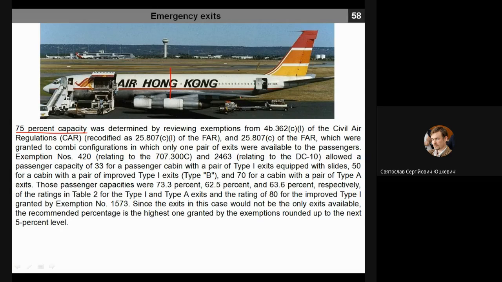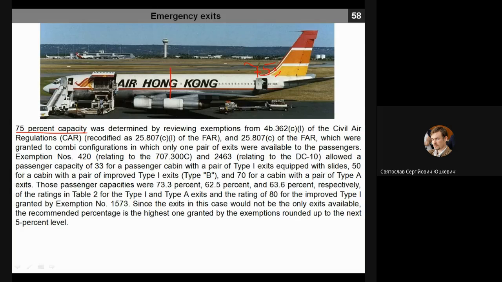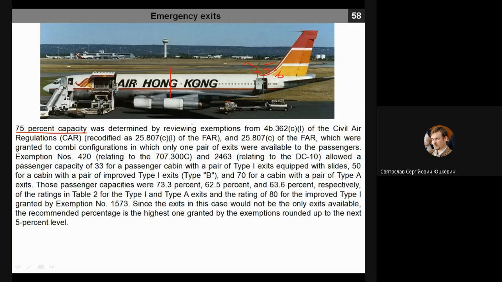And it was determined that from the analysis, from the experience, that this exit must be derated on quarter. So 75% could be evacuated from this door if it will be limitations in forward part. So you could see only one exit door pair possible in this cross section. So that's why we decrease it on 25%.